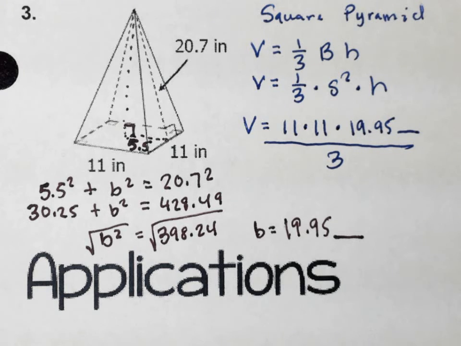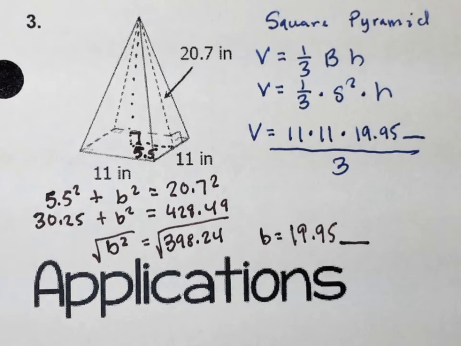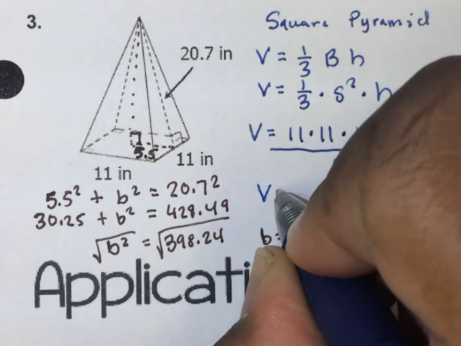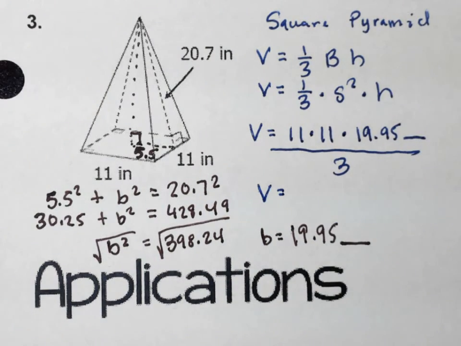Multiply that times 11, and then divide that by 3 without rounding. Now that you got that number, we can round that number to the nearest 10. And you should get what?